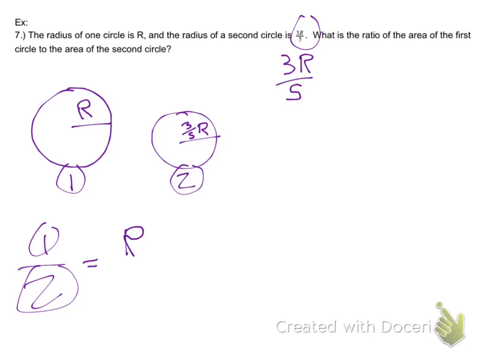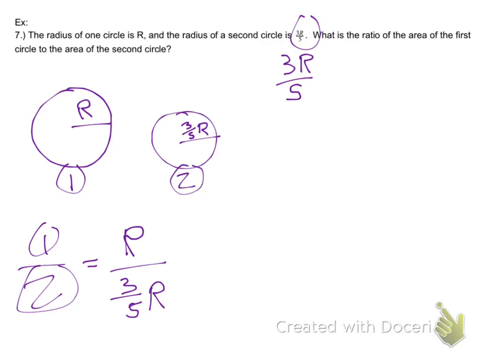So the first one to the second one: r over 3/5 r. What's the scale factor? I purposely wrote it this way because they give it to you in the problem just slightly different. Maybe I shouldn't write it that way, but it's okay this way.